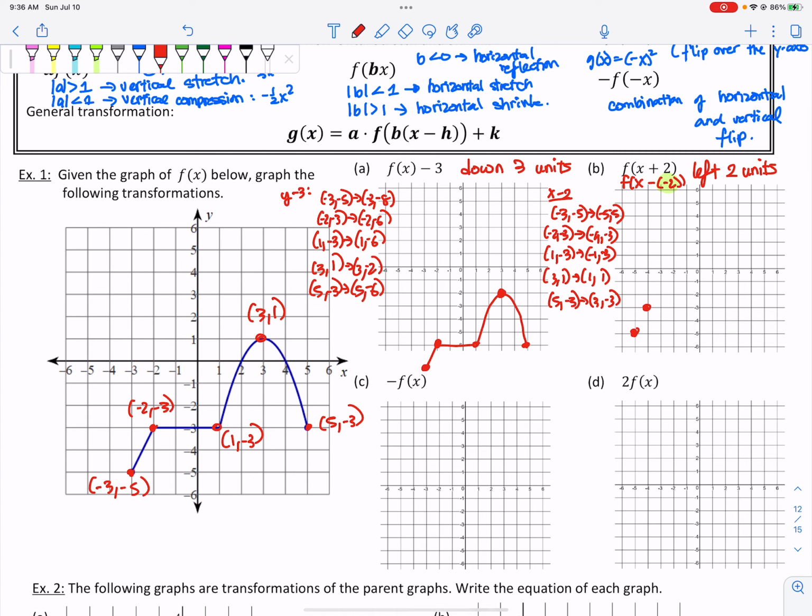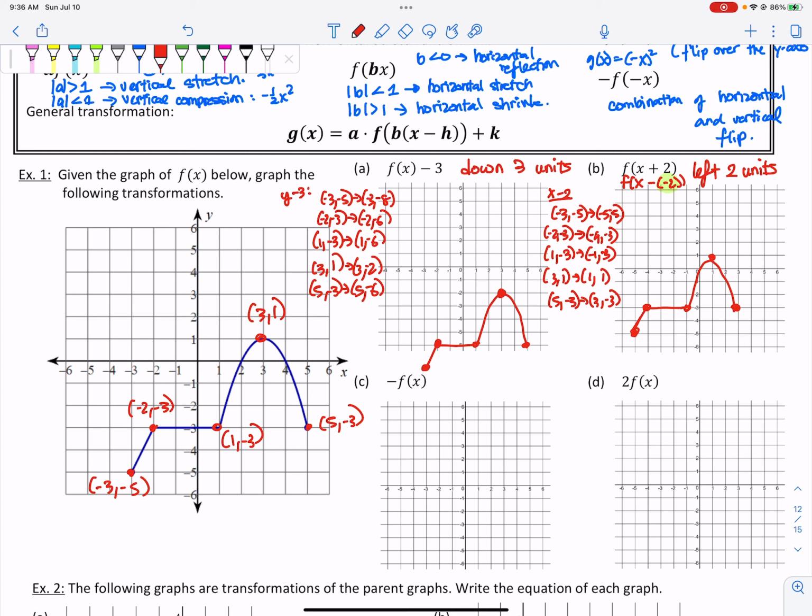Then let's plot these points: (-1, -3), (1, 1), and (3, -3). Then we're just going to connect these dots.